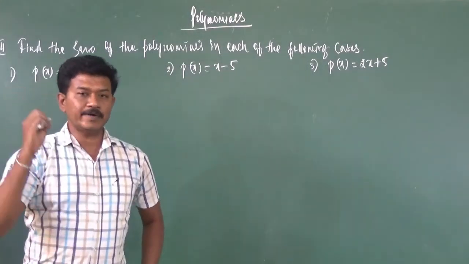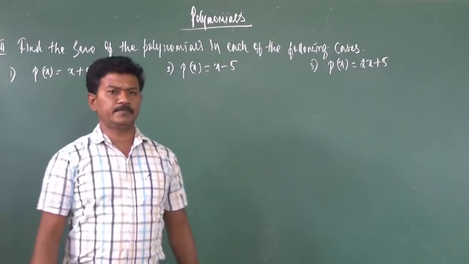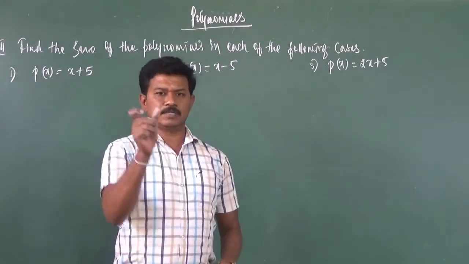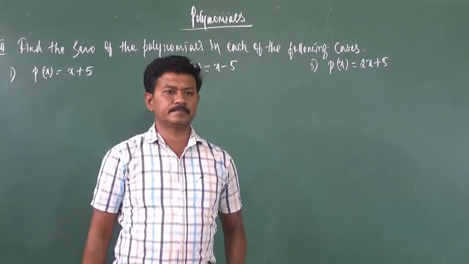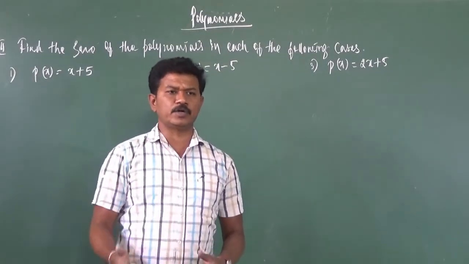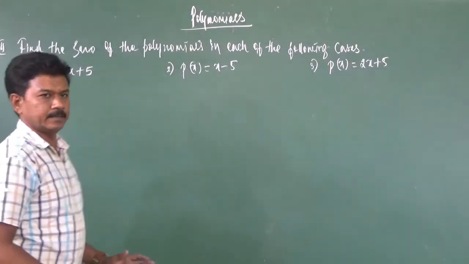Equate that polynomial to 0. If they have given you P of x is equal to x plus 2, take out that x plus 2, equate that to 0. Solve it, simplify that. The value of x what you will get, that is the 0 of that polynomial, that's it. Right? Okay.